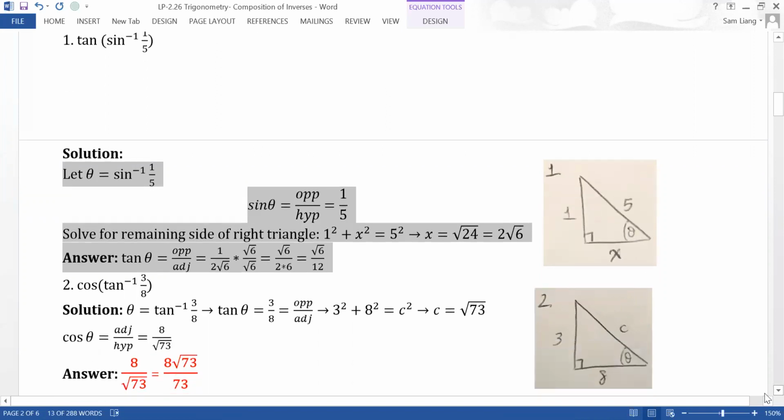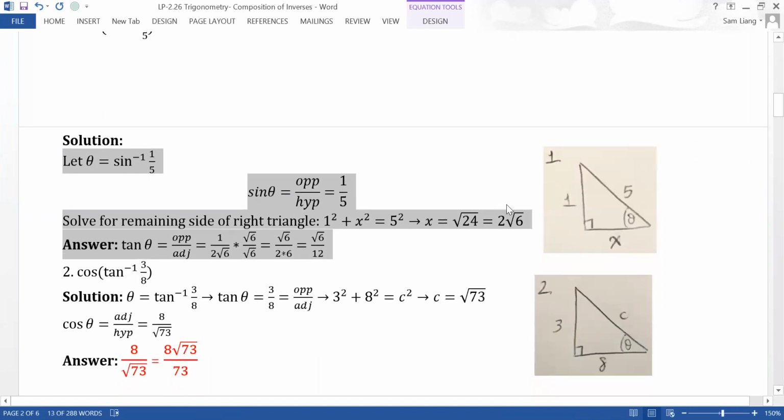We simplify that and we get square root of 24, and simplify that square root. Since tangent is opposite over adjacent, we already know the opposite. Now we know the adjacent is 2 over radical 6. So it's just 1 over 2 radical 6. Then you simplify that into radical 6 over 12 because you can't have a radical in the denominator.